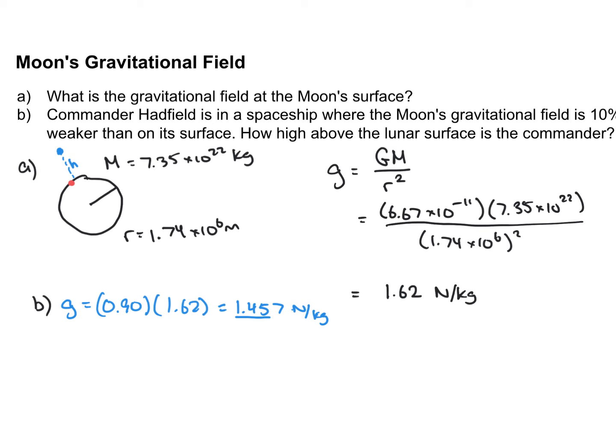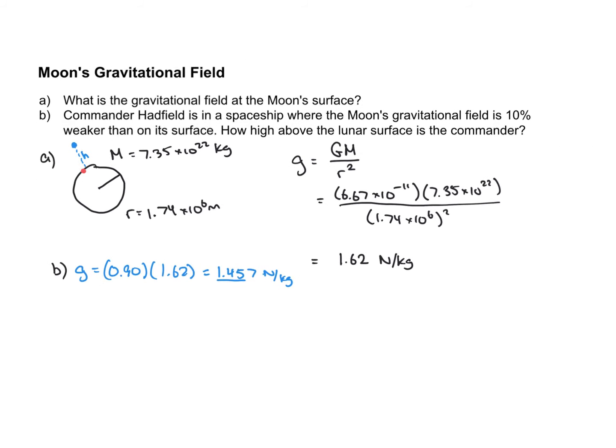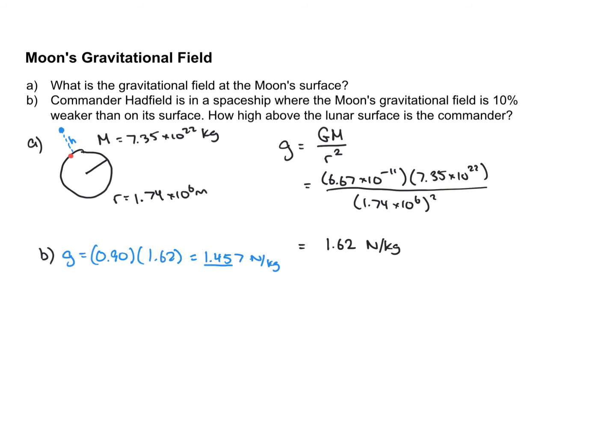So I have to find out what height creates that. So I'm going to use the same formula, but solve for the r variable this time. So rearranging for r, it's going to be the square root of capital G times the mass divided by gravitational field strength. It'll be plus or minus, but the negative is inadmissible, since we're not going to have a negative distance.